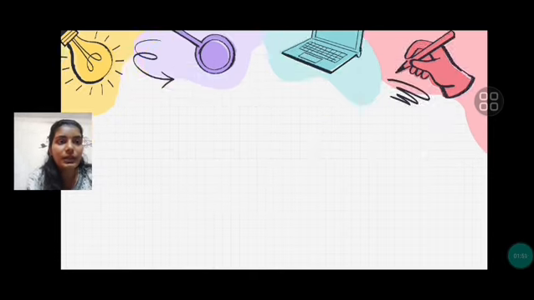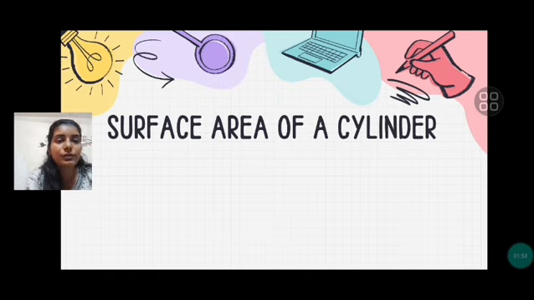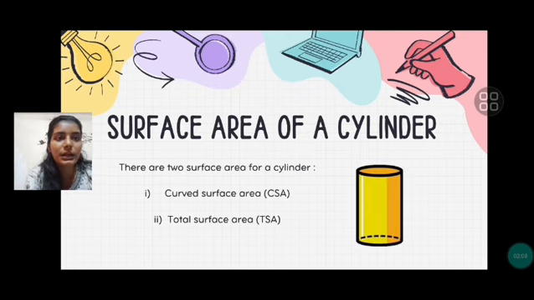So here we are going to deal with the surface area of a cylinder. For a cylinder, there are two types of surface area. One is the curved surface area, the area of the curved part of a cylinder, and the next one is the total surface area. In a cylinder, there is a curved part, right?